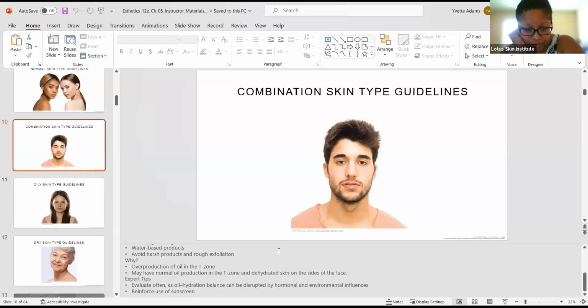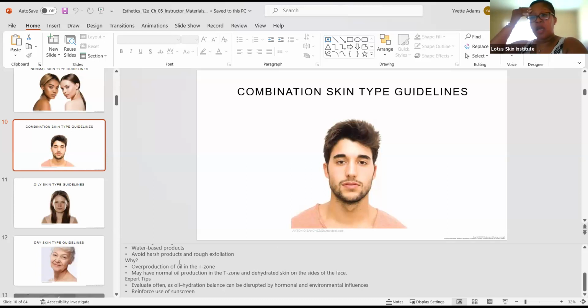So evaluate often: oil, hydration balance, hormonal and environmental influences, and reinforce the use of sunscreen. Sometimes you may have to treat the T-zone and the chin with a particular product, and you may need to treat the cheeks with something else. So you'll see some girls do a combination mask.